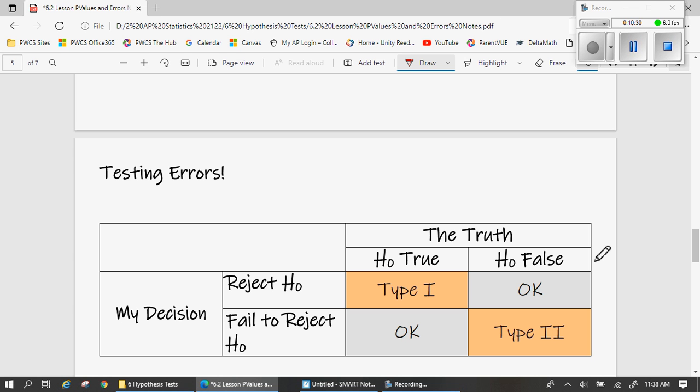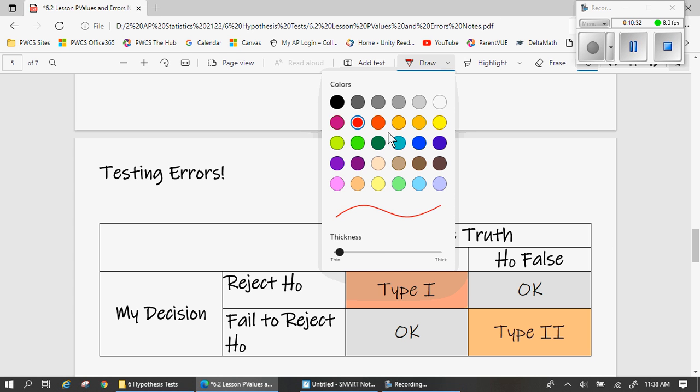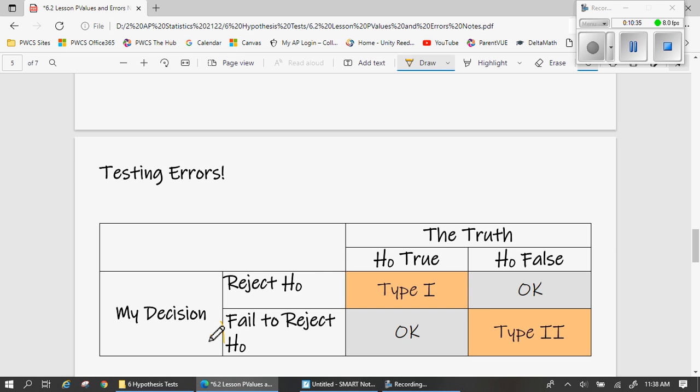So we failed to reject a null hypothesis. And so if our proportion of 34% is actually true, which we can't know, but if it is, then we didn't make a mistake. But if in reality our proportion isn't 34%, it's something different, then we would call that a type 2 error.